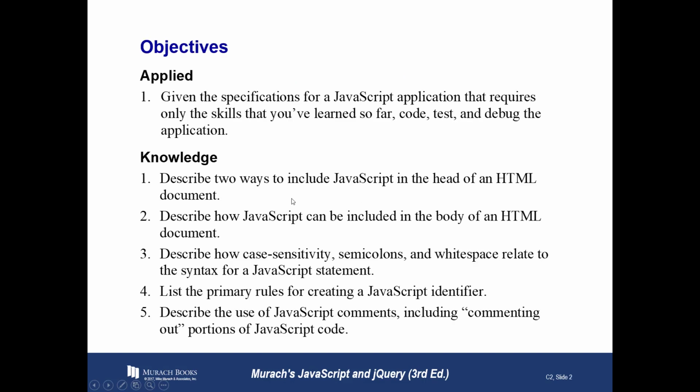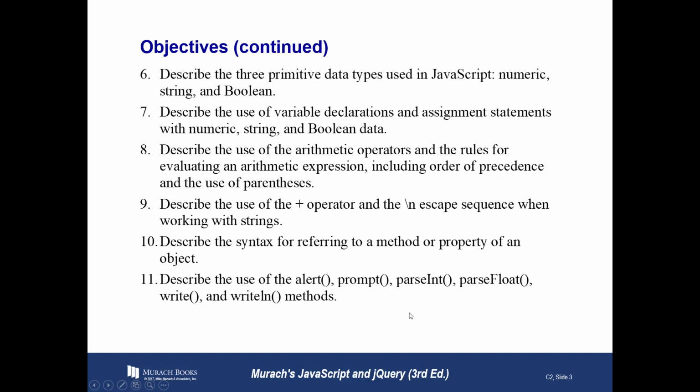All right? So we'll talk about two ways to include JavaScript in the head of an HTML document, how you can include it in the body, some of the things about JavaScript syntax-wise: case sensitivity, semicolons, white space, JavaScript identifiers, which are basically things you create, how to write comments in JavaScript, the 3 primitive data types, yeah, that's it in JavaScript: number, string, and Boolean, how we work with those different data types, arithmetic expressions, order of precedence, how you can override with parens, how you can use the plus sign both for string concatenation and addition, a little bit on methods and properties.